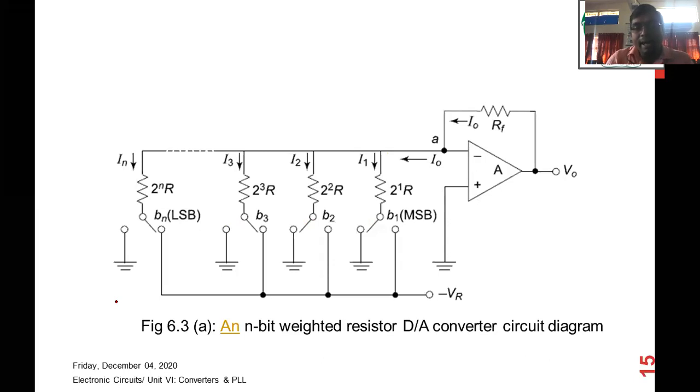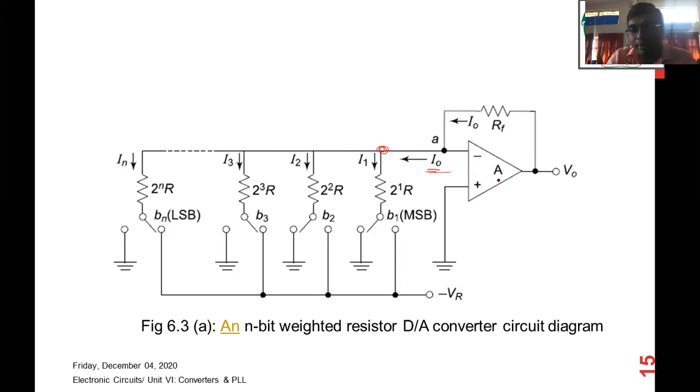Here you can see that as it is a voltage divider network and a parallel network, the current is shown here as dividing: I1, I2, I3, for every branch there is a separate current, and that has the value VR upon the resistor value, VR upon 2R, VR upon 4R, VR upon 8R, like this. And according to KCL, it would be equivalent to the current I0.